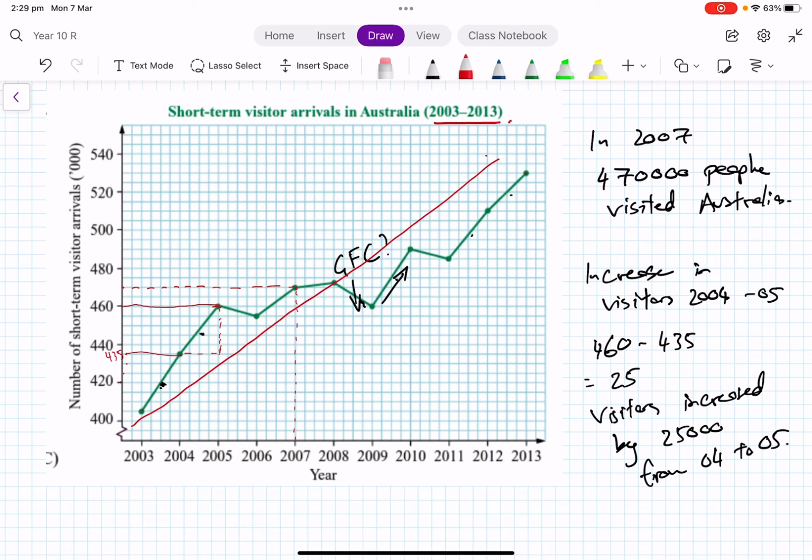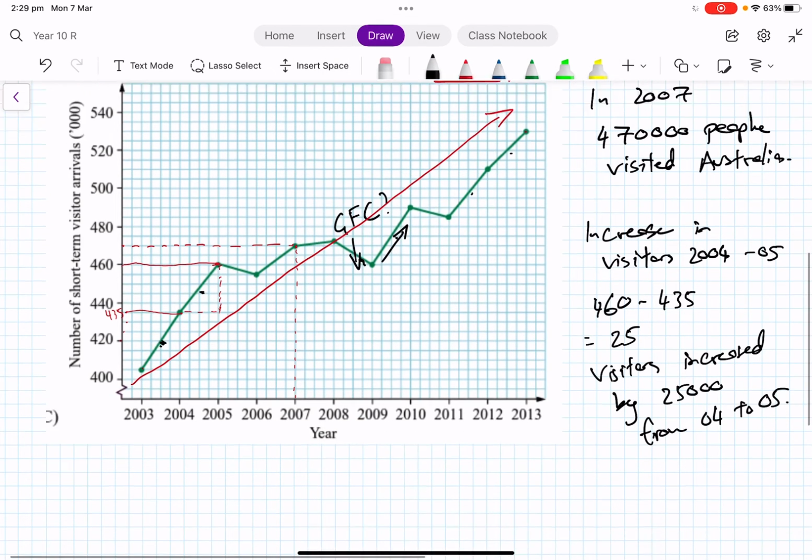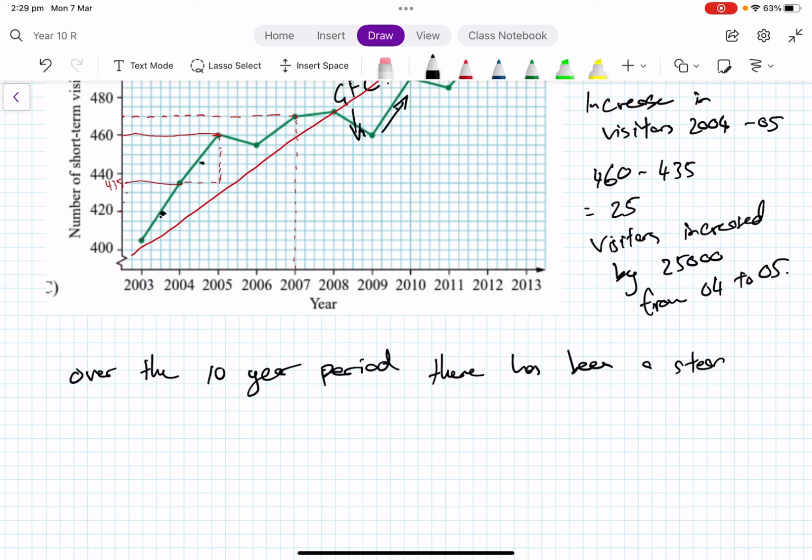The trend line, as we might say, is upwards. So over the 10-year period, there has been a steady increase for most years.